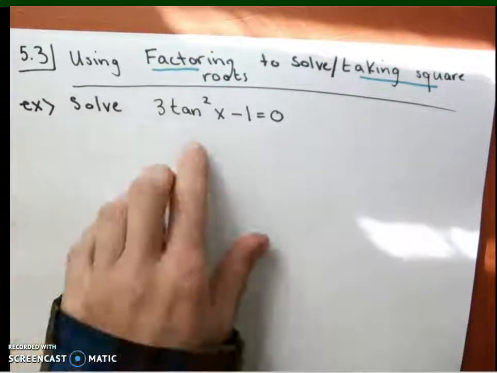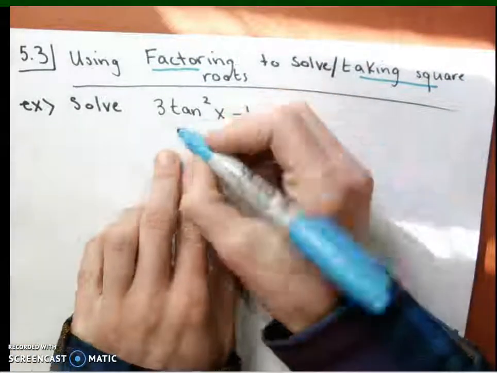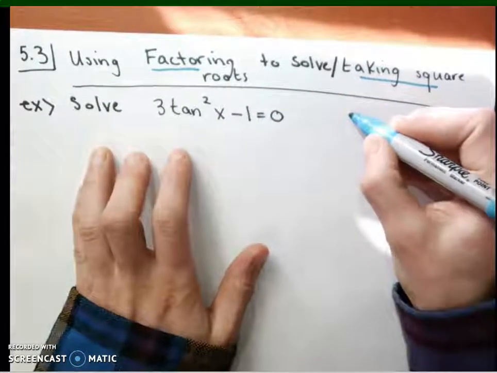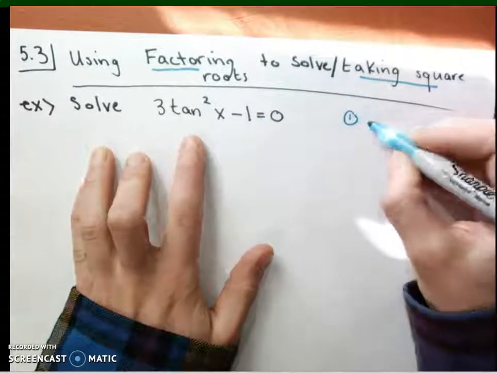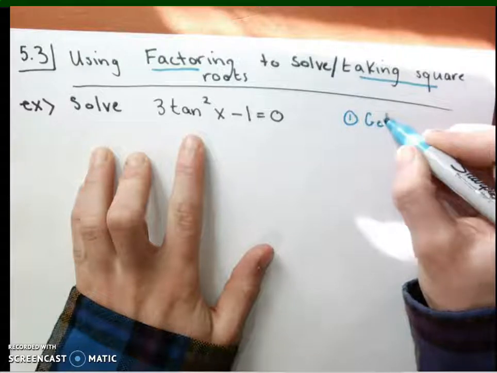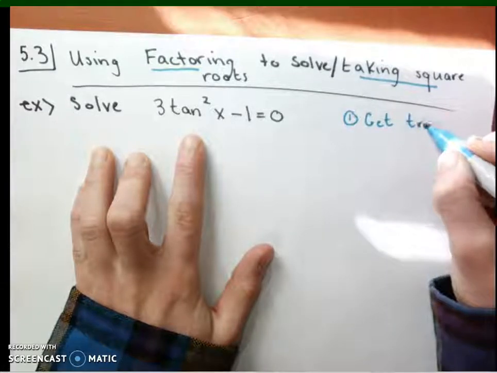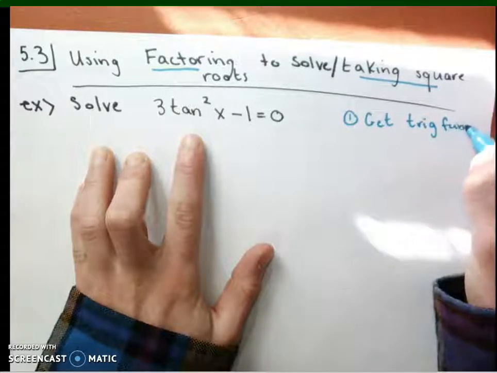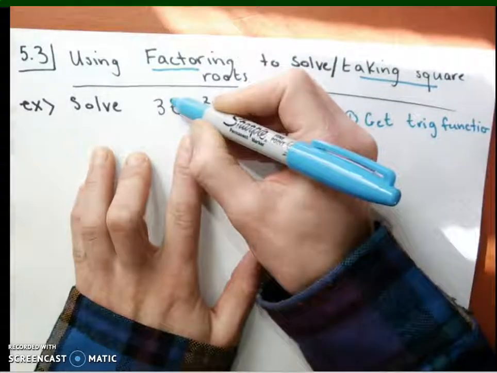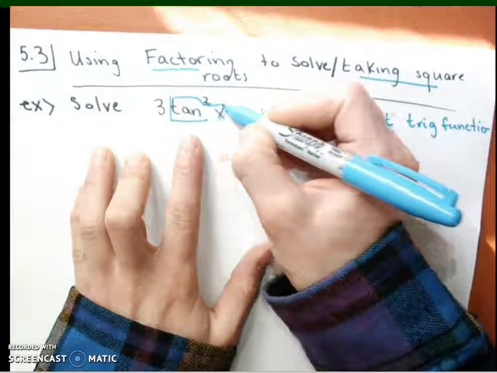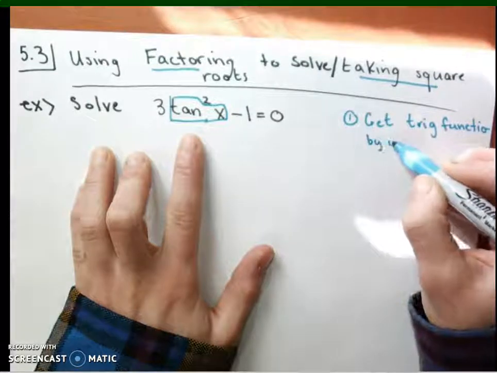So in this example, my first goal, in any of the examples, is to get the trig function by itself. In this case, that's tan of x by itself.